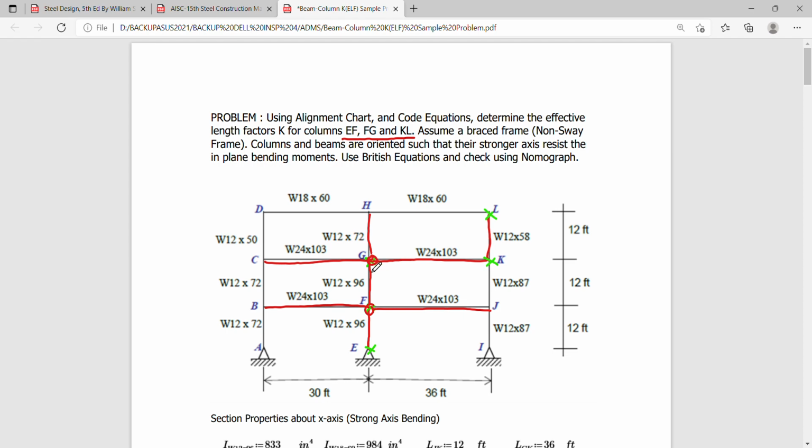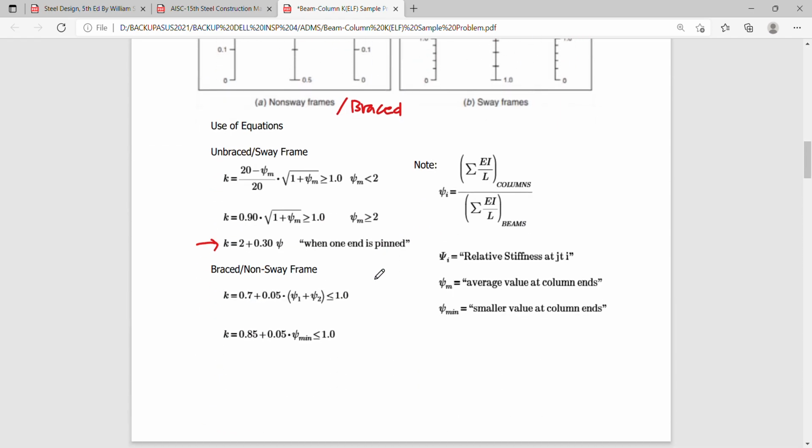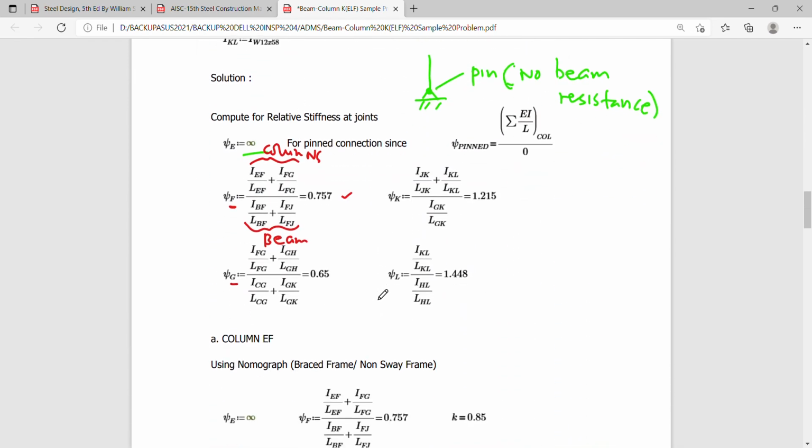So joint G becomes your focal joint. Therefore, all the parameters involve G as the subscript. So this is IFG. Again, these are for the columns.